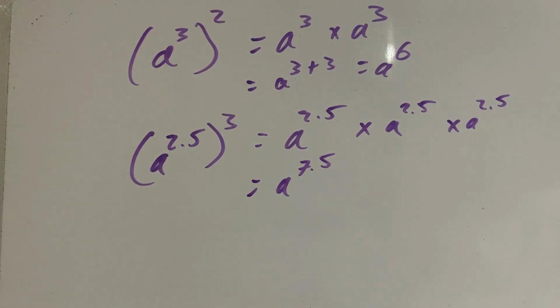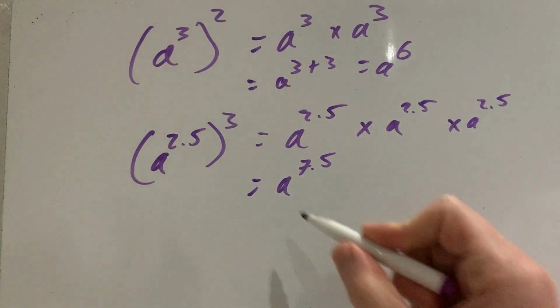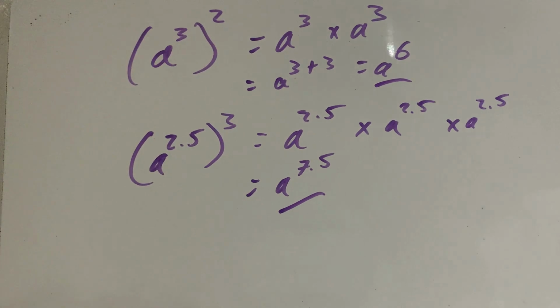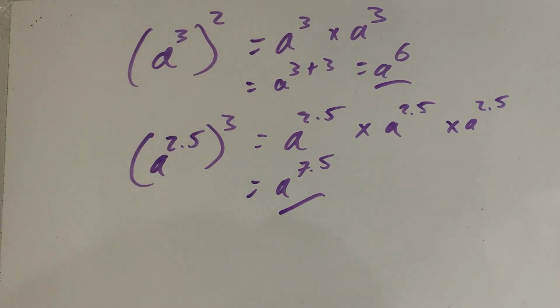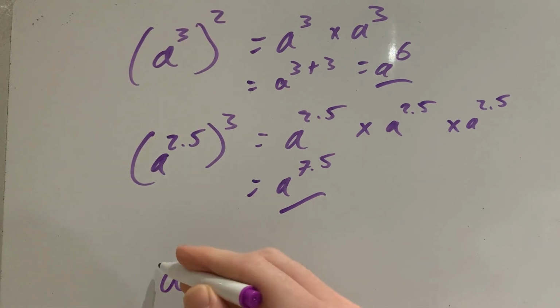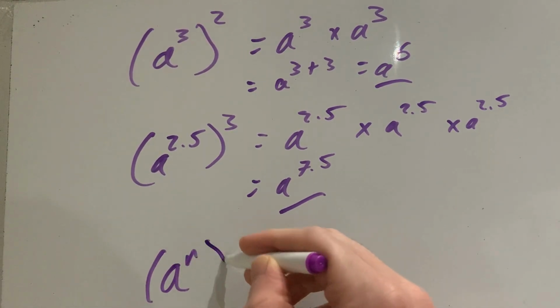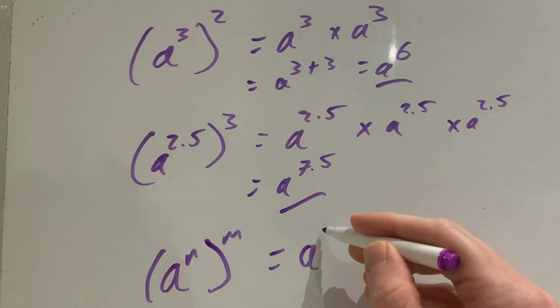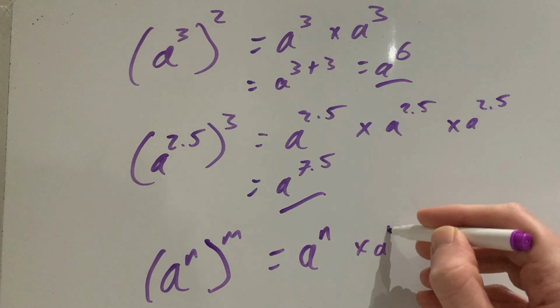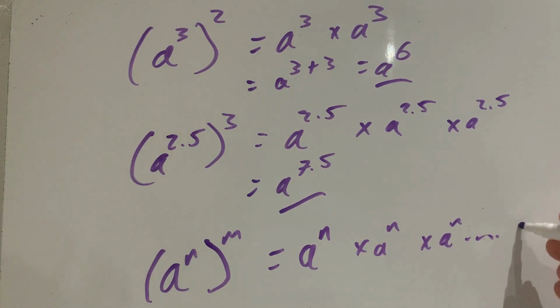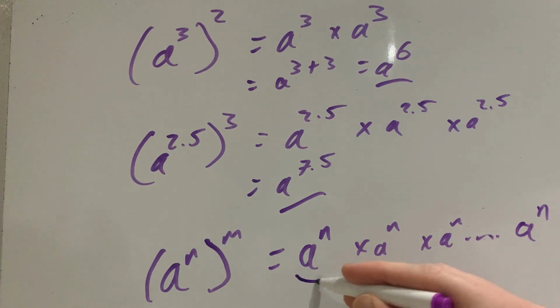And so again, we're seeing a general rule here. Our final answer in both cases is 3 times 2 for the top, and then 3 times 2.5 for the bottom. So that's kind of where this is coming from. We're going to see a to the power of n to the power of m equals a to the n times a to the n times a to the n, and then we're doing that m times.